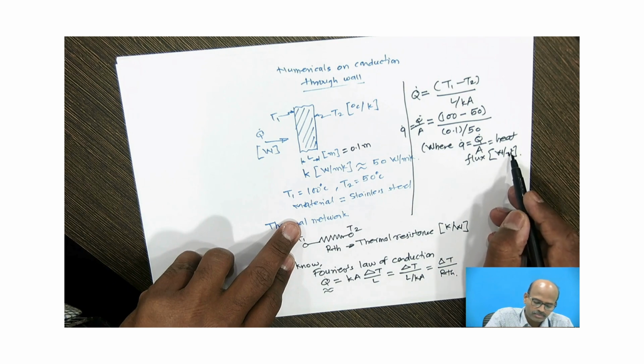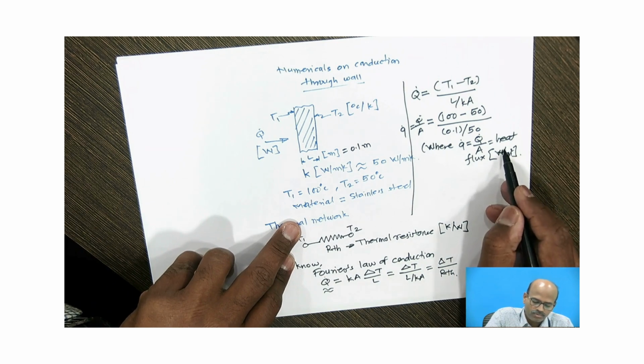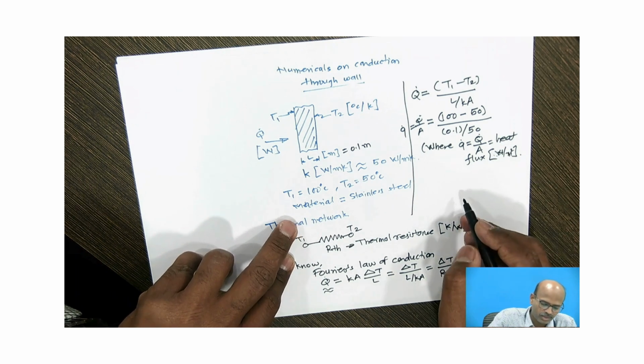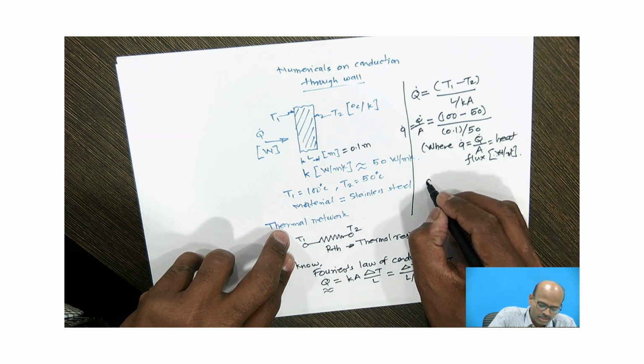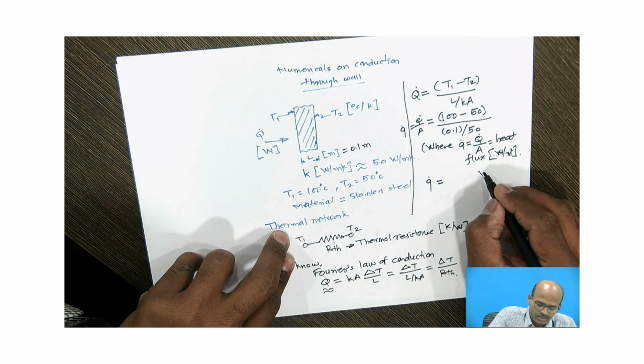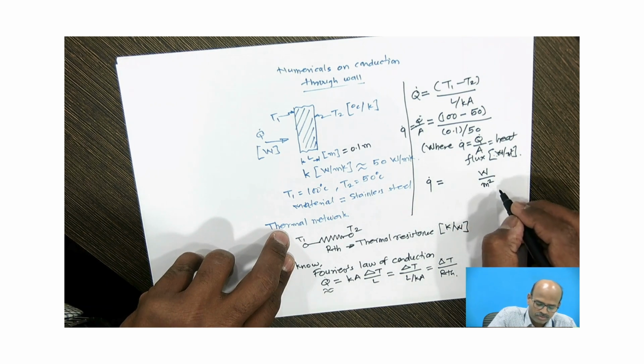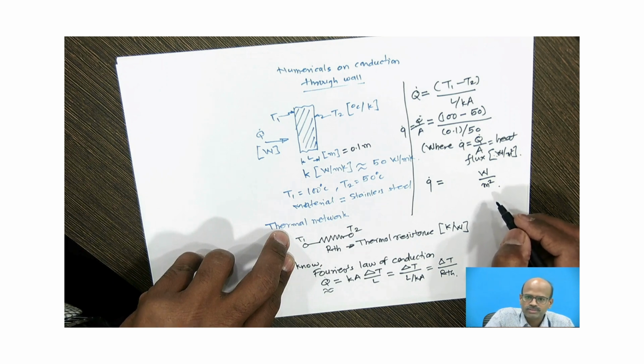Per unit area, per meter square, what is the rate of heat transfer? That is known as heat flux. Now if you solve this, you will get the heat flux in watt per meter square.